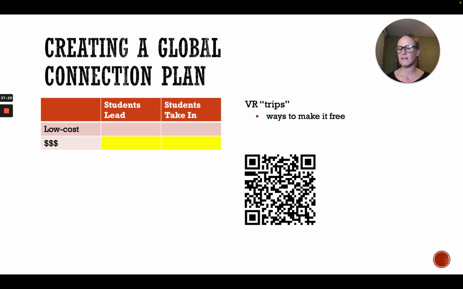Virtual reality. So very often, if you talk about taking trips abroad with virtual reality, I think one of the gut reactions from people is, well, that's not really traveling. But that's also coming from a place of privilege. That's largely coming from people understanding, probably because they've done it, that travel takes money.